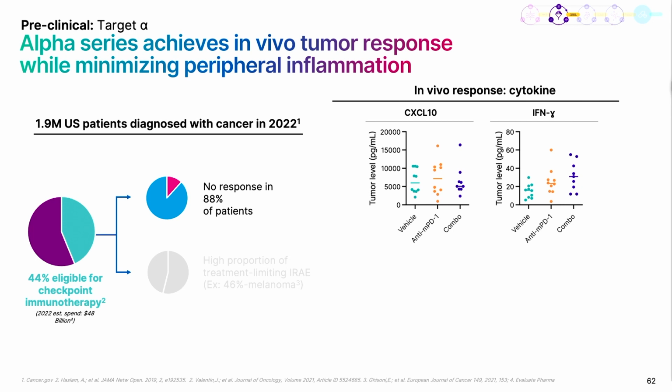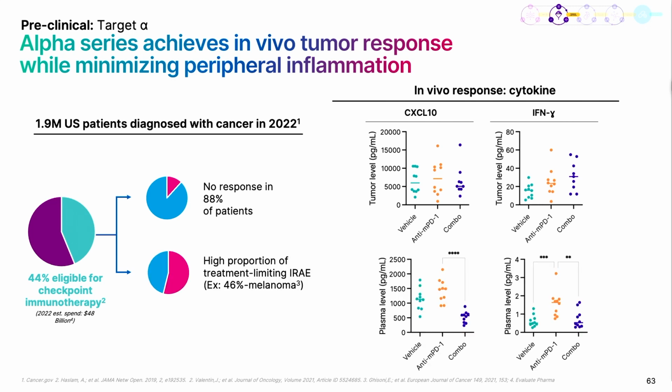But remember, our goal was not just to improve response in patients in combination with immunotherapy, it was also to decrease that peripheral inflammation. And so we got really excited when we looked at cytokine levels in the periphery. Here you can see plasma levels of these same cytokines, with the anti-PD-1 elevated levels, which are significantly reduced in the combination.